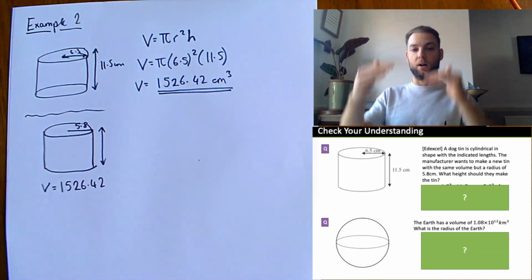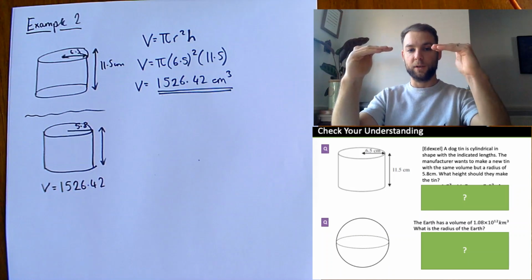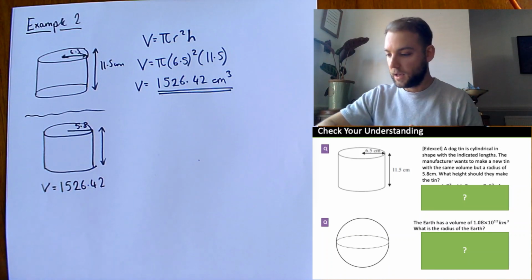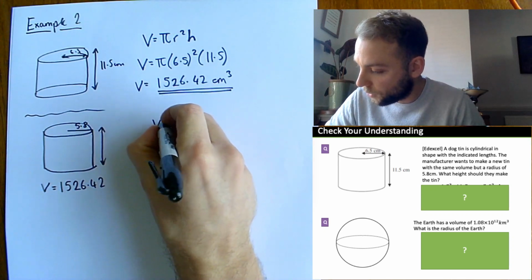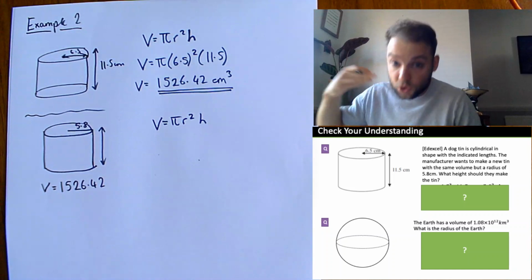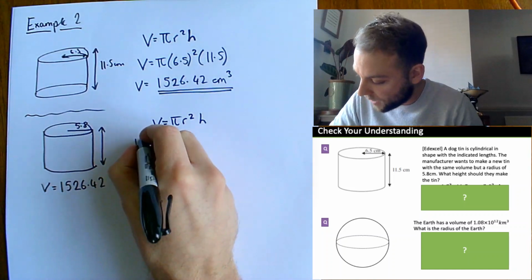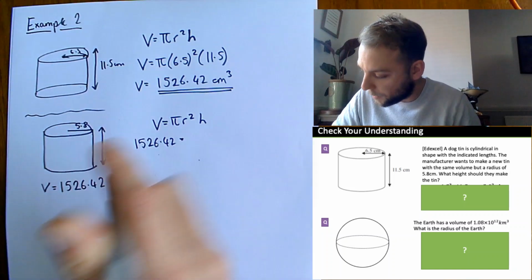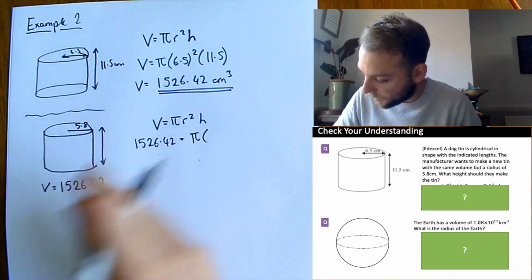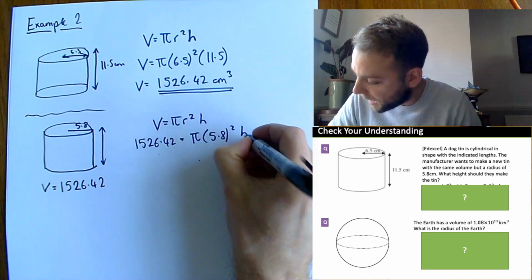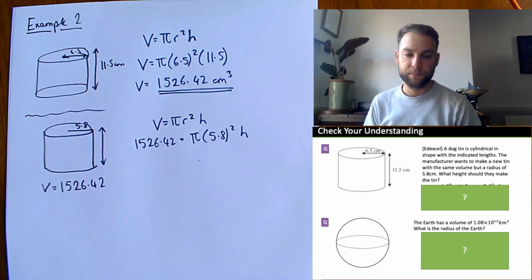Remember, the steps are formula, substitute in, simplify, work backwards to solve, okay? So our formula for this one is volume is equal to pi r squared h. Let's substitute everything in. 1526.42 is equal to pi times by r squared, my new r squared, which is 5.8 squared, times by h in this case.